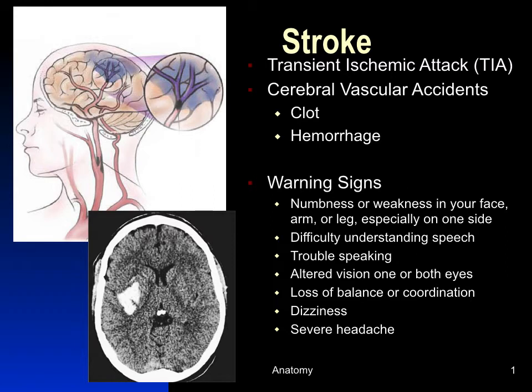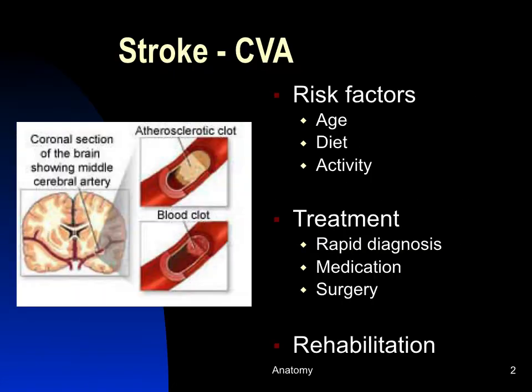Okay, strokes are usually affecting the cerebrum. Not that it can't affect another part of the brain, but usually if this happens in the brainstem, people die pretty quickly. So this is usually going on inside the cerebrum. The most common types of strokes are strokes caused by inappropriate clots that form in the blood vessels leading to the brain.